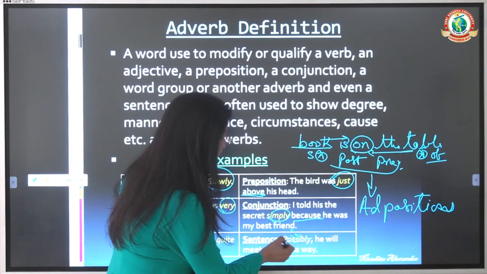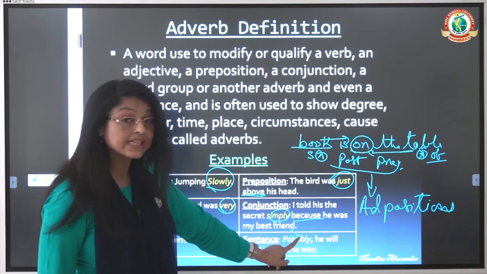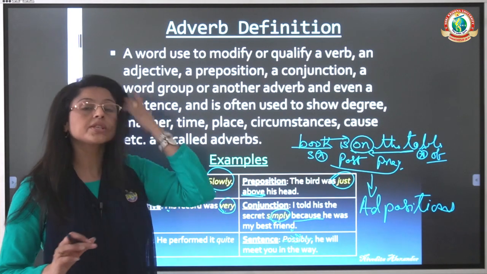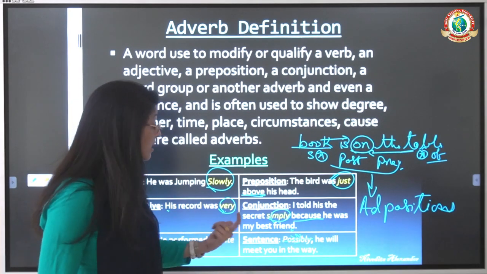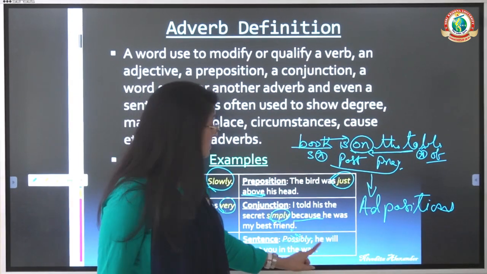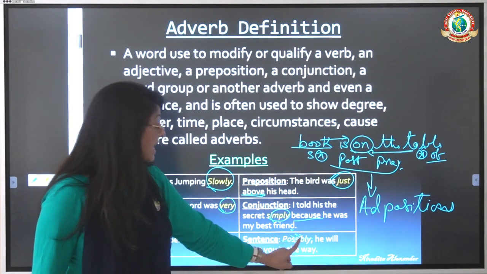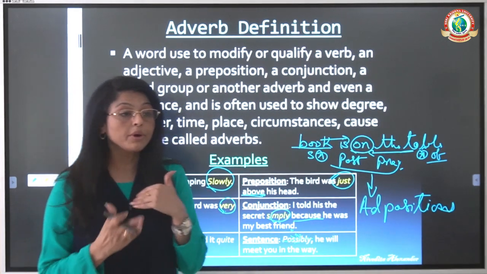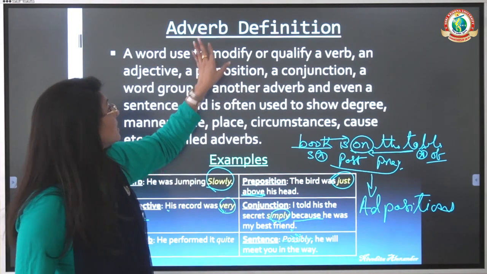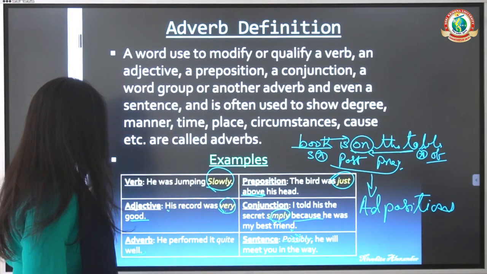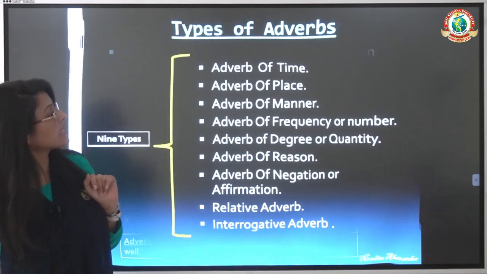If you are not writing possibly, it will just be a confirmation, an affirmative sentence, what you can say a positive sentence. But here, when you are adding this word, you are showing the probability. Clear? So this is how the adverb works in different ways. Okay, let's move on to the next slide.